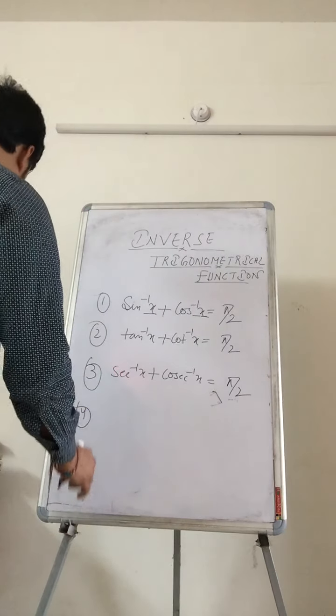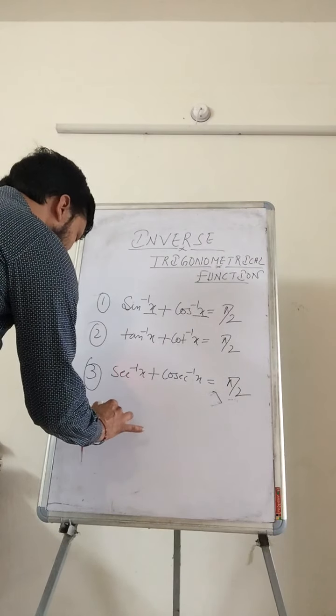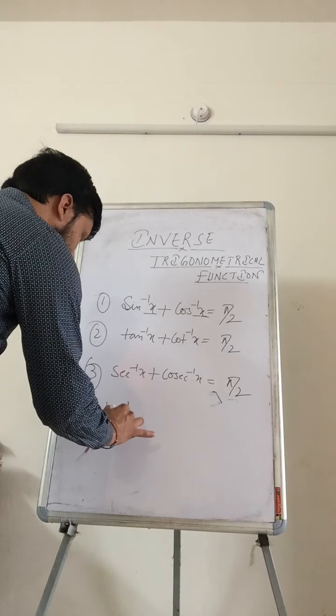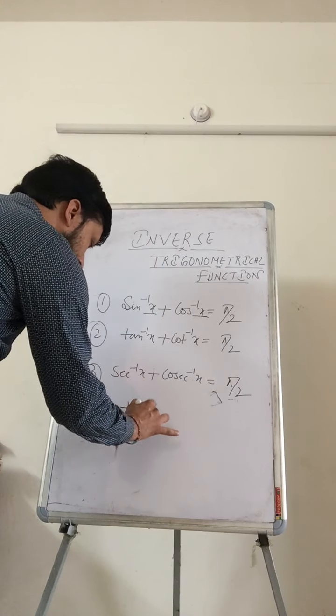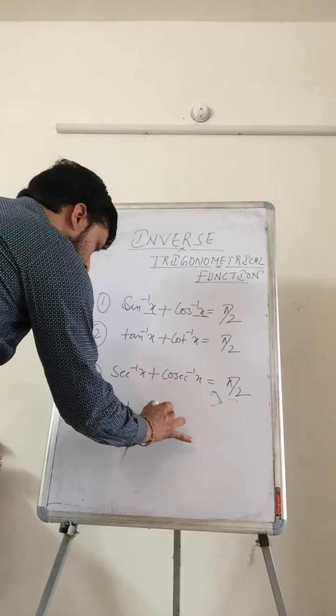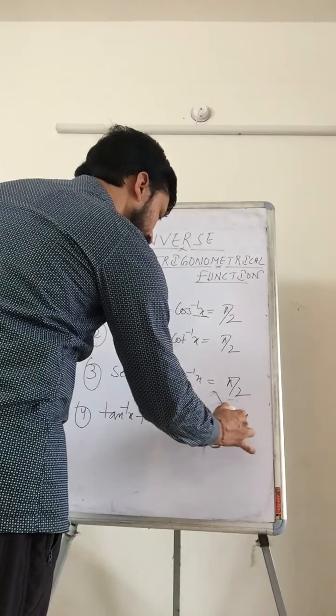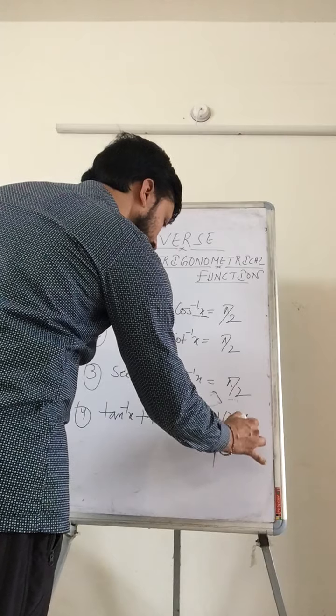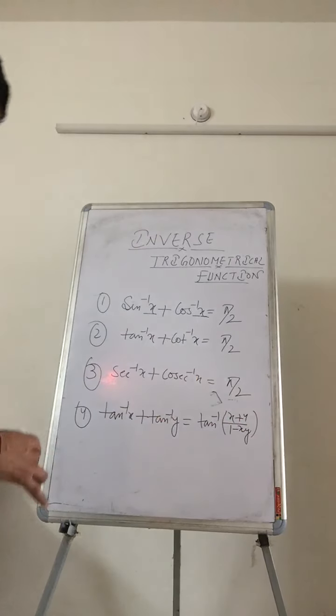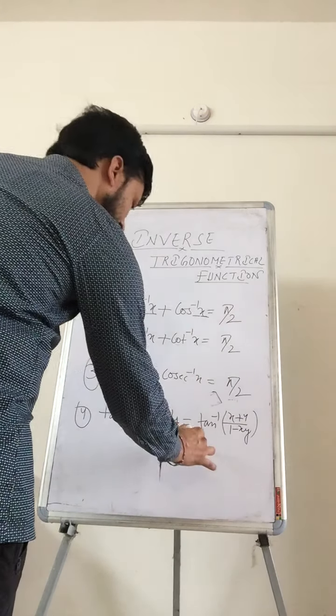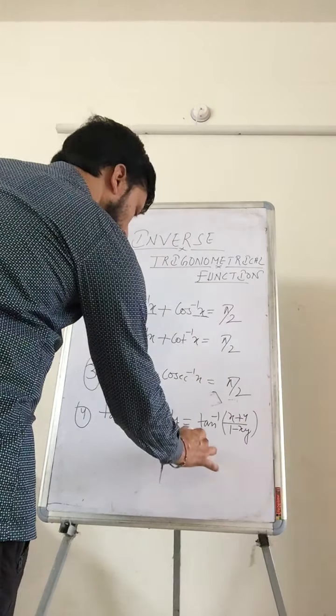So the fourth formula is, if we are taking different angles, tan inverse x plus tan inverse y, then what can we write? We can write tan inverse of (x plus y) divided by (1 minus xy), but here you always have to check that xy is less than 1.